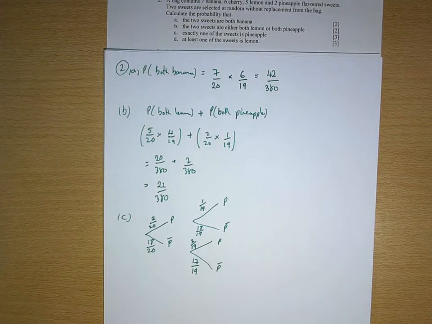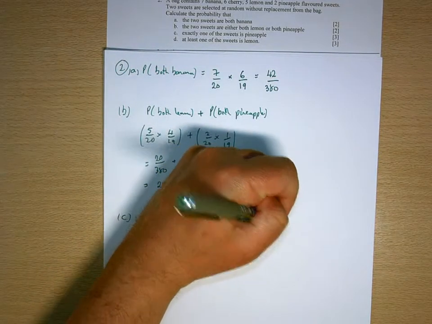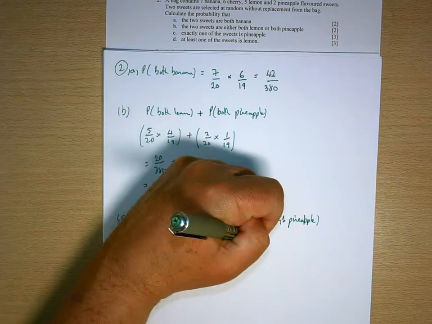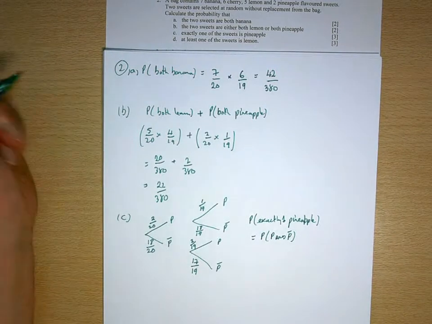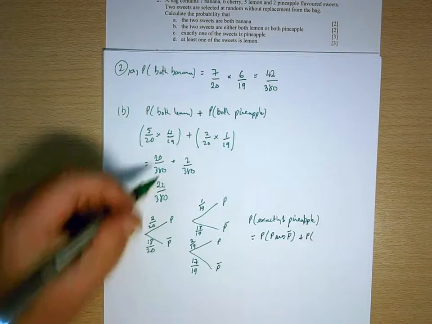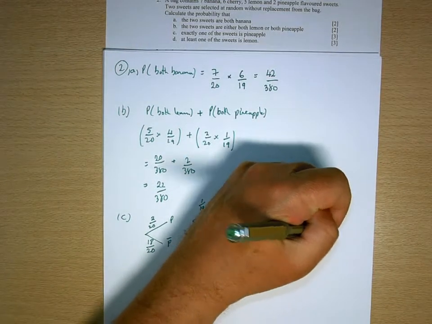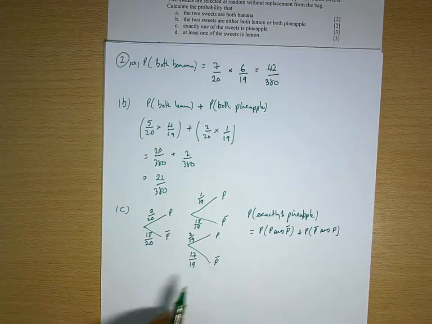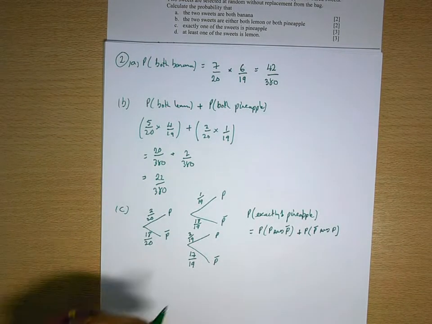So for exactly one of the sweets to be pineapple means either pineapple, not pineapple, or not pineapple, pineapple. So first one pineapple and second one not, or first one not and second one is. Those are the only 2 ways you'll get exactly one. The other alternatives are no pineapple or both pineapple.